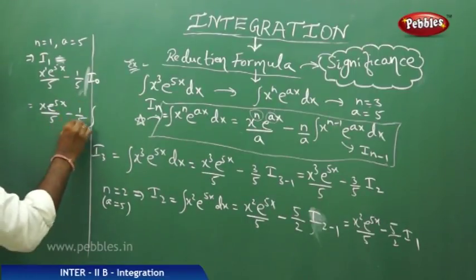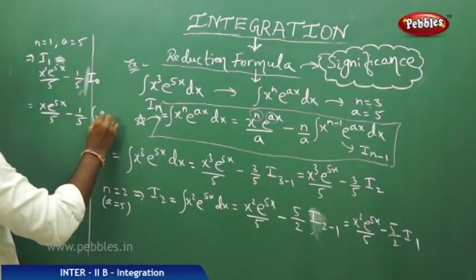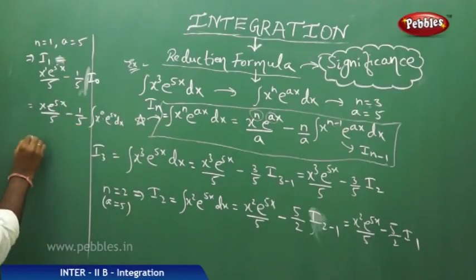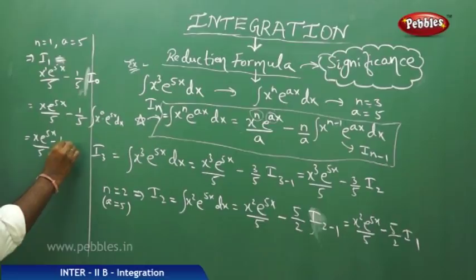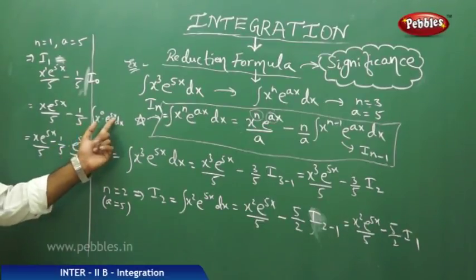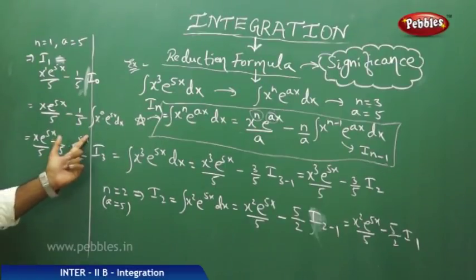Now I naught is nothing but the integral of x power 0 e power 5x dx, which can be evaluated using x e power 5x by 5 minus 1 by 5 e power 5x by 5, because the integral of e power 5x is e power 5x by 5.